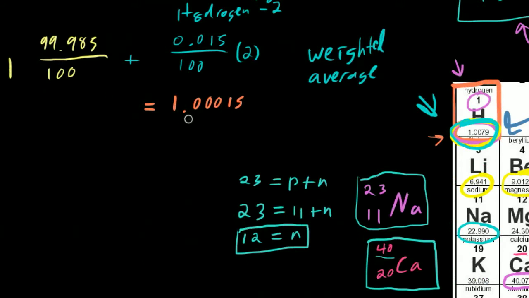We didn't get exactly what the mass was on the periodic table, mainly because the numbers we see for atomic mass on the periodic table are in atomic mass units.